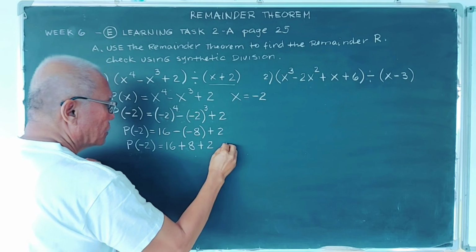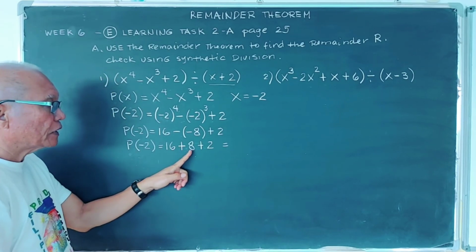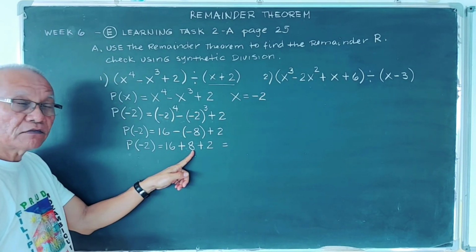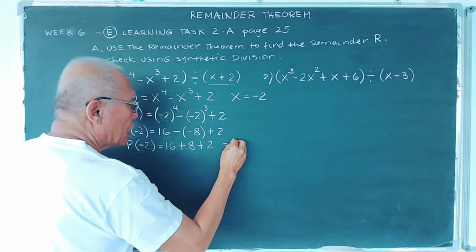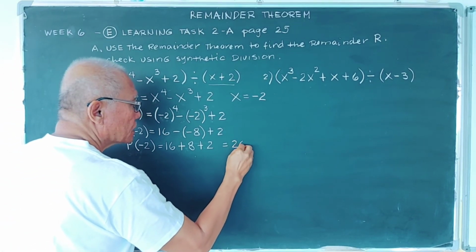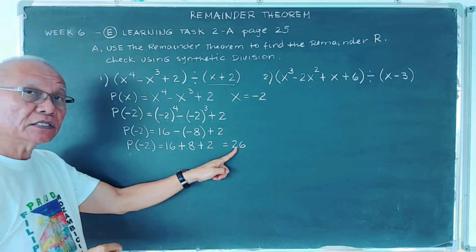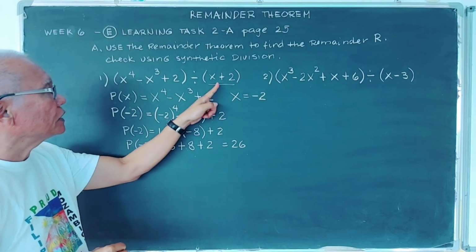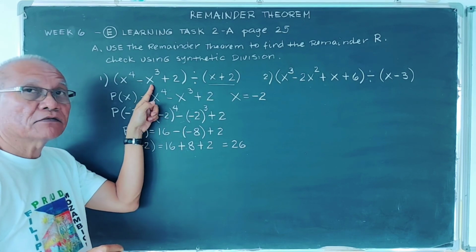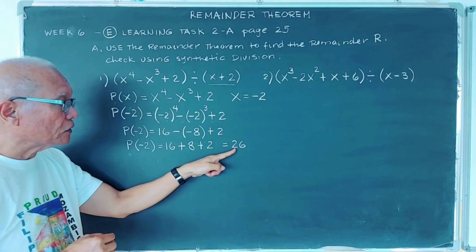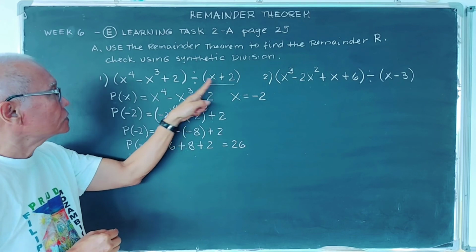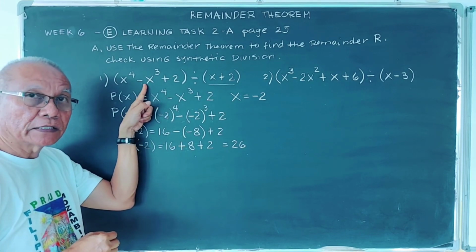Okay, dito na natin lagay yung answer. So, 16 plus 8 is 24 plus 2 ay 26. Kung may remainder tayo, hindi 0, hindi nag-0, ibig sabihin, ito ay hindi niya factor. Pag nag-0, siya ay isa sa factors ng polynomial natin.